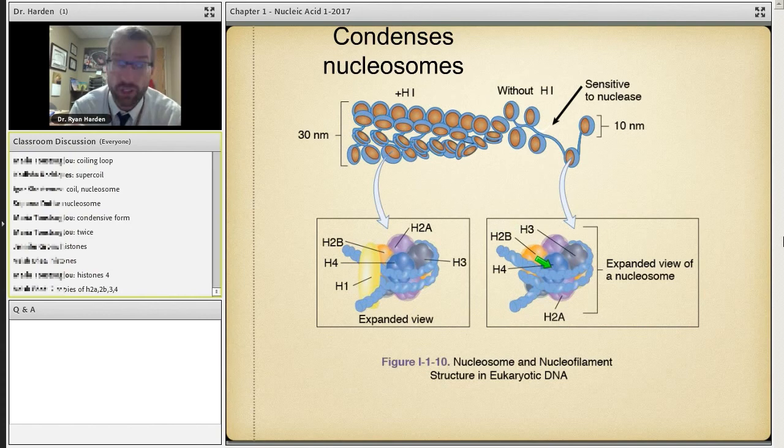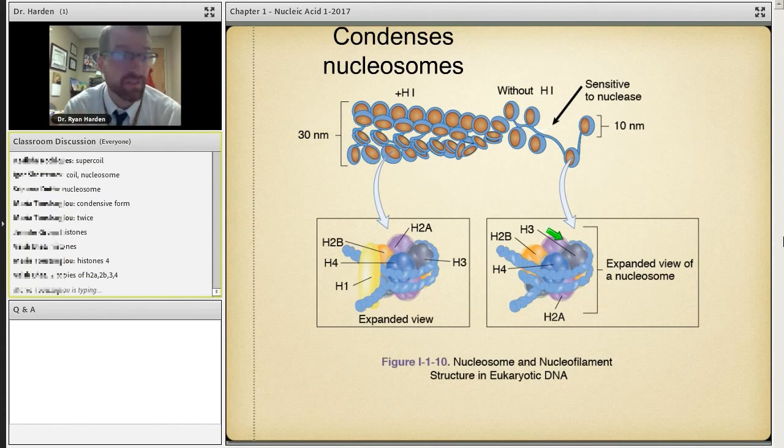Okay, so Vaish, you're exactly right. In this structure called a nucleosome, this is called a nucleosome right here, we have 2 copies of H2A, 2 copies of H2B, 2 copies of H3, and 2 copies of H4. And if you wrap DNA, this blue line, around that once, twice, you have a nucleosome.